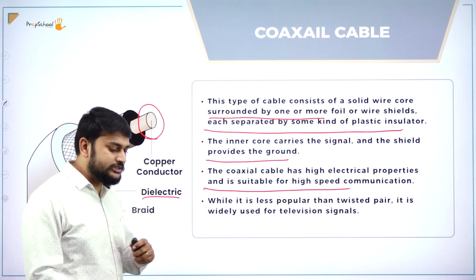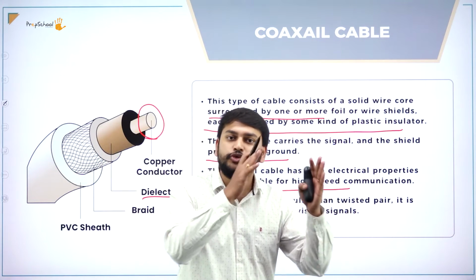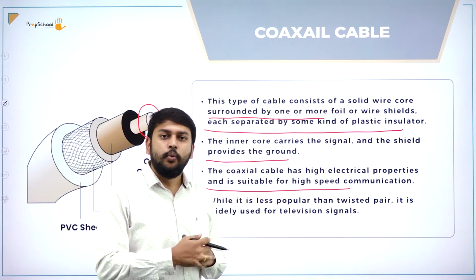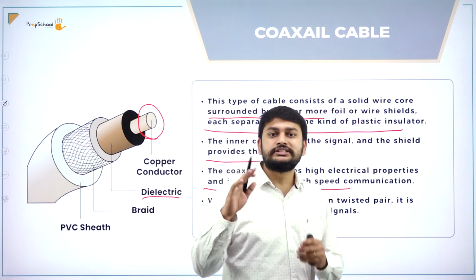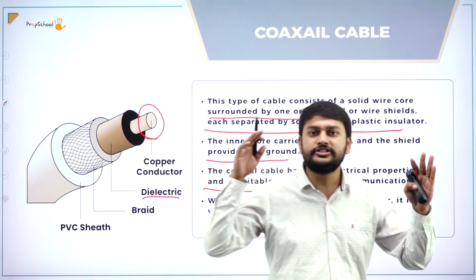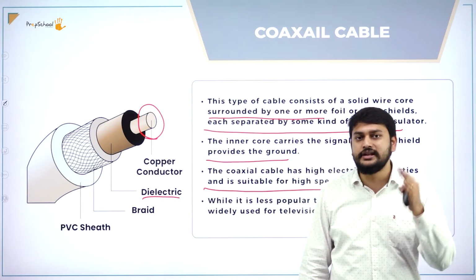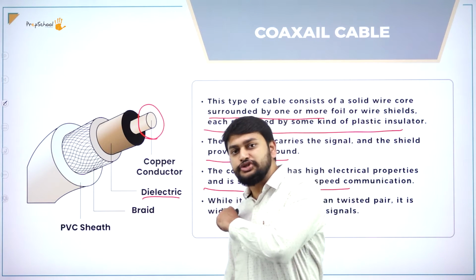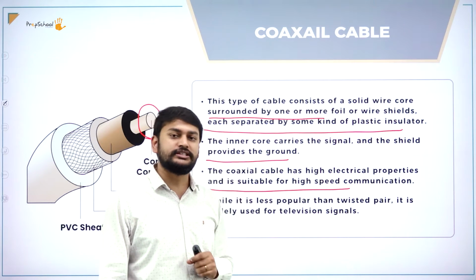When it comes to coaxial cable, we have two types: one is thin net, another one is thick net. The main difference you need to observe is the distance that it can transmit the signals.